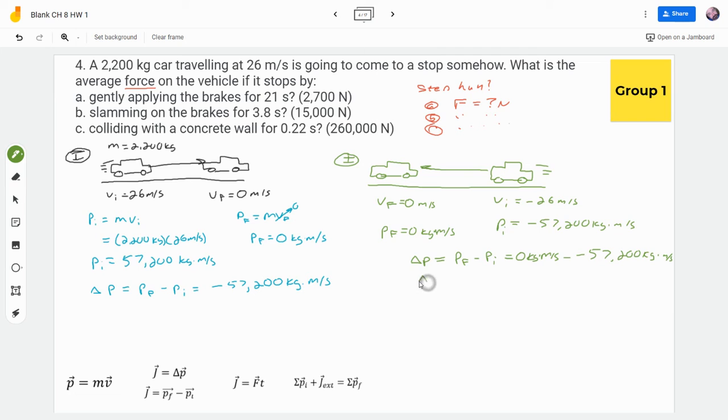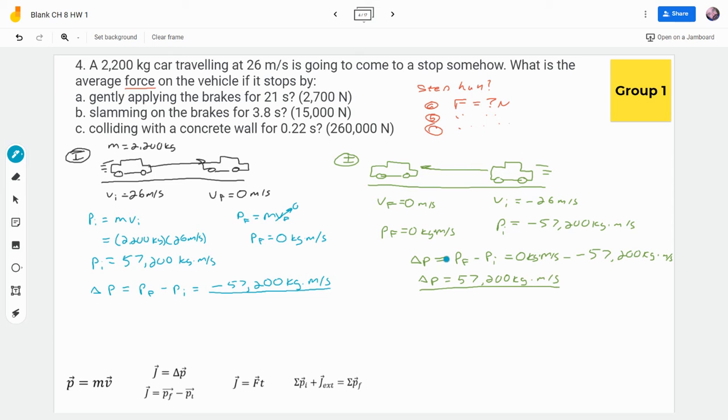If you do it this way, delta P ends up being a positive number. So there's two ways of looking at this. One way gives us a positive number. One way gives us a negative number. Which one is right? Well, neither one is more right or wrong than the other because I didn't tell you if the car was going left or right. You can pick either one. Personally, I'd rather use the positive number. So just use that one.